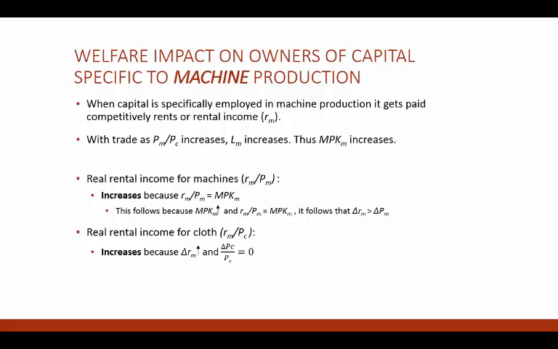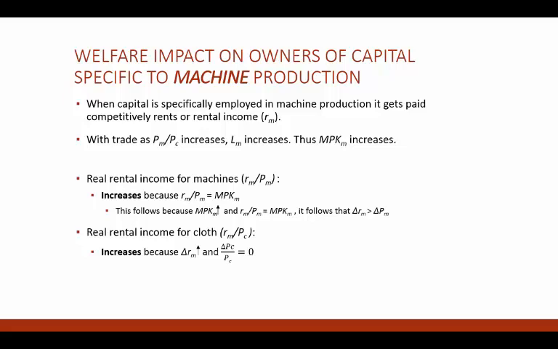But because specialization is not complete, wages also rise in the cloth industry until they are equalized. However, the impact of trade still increases the number of workers in the machine industry. This increase in the number of workers working in the machine industry, LM, raises the marginal product of capital employed in machines.